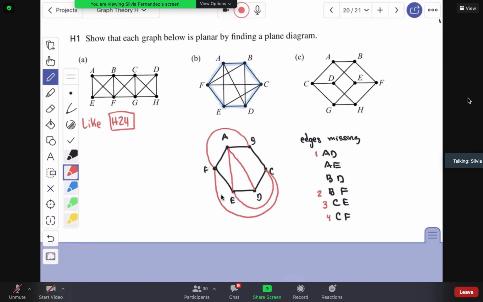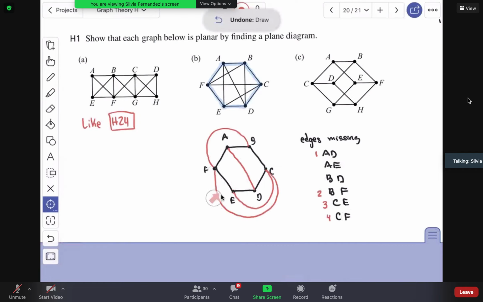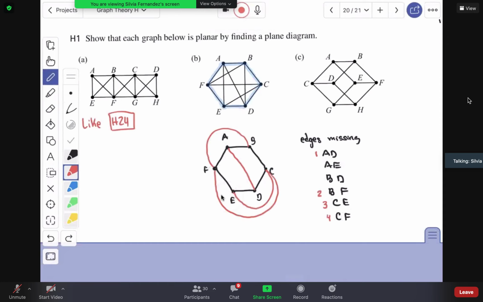AE. Now it's forced, you see? In fact, if I try to draw it outside, it will create crossings. So now it is actually forced. Now that I have more restrictions, it's forced. And then BD, same thing. If I try to draw it outside, it will create problems. So it has to be like this.